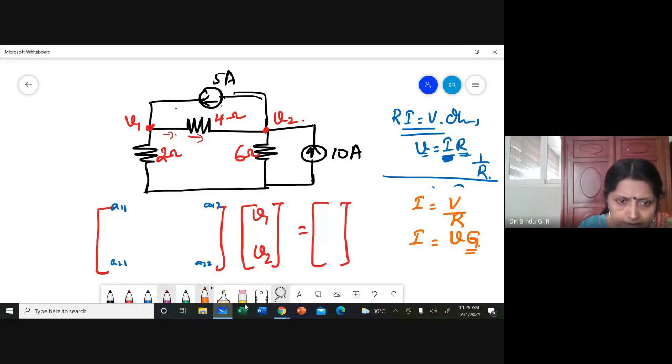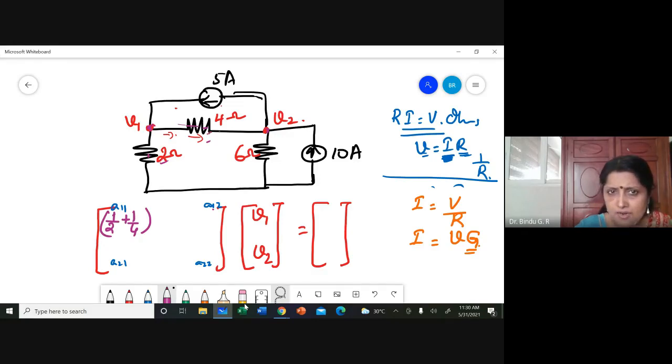So here A11 will be all those resistances connected to V1, but in the form of conductance. That is 1 by 2 plus the conductance corresponding to this resistance, 1 by 4. It is not 1 by 6. It is not 1 by 2 plus 4. It is 1 by 2 plus 1 by 4. Then A12, all those conductances which are common to V1 and V2.